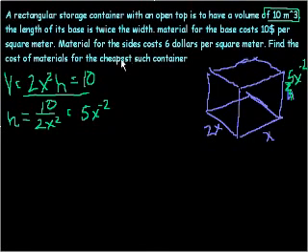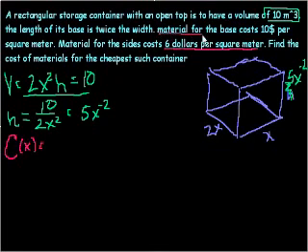Fair enough. So now let's see what the total cost of the material is going to be. So I'll do that in magenta. The cost of the material, as a function of x, is equal to what? Oh, no, they tell us the material for the base first.